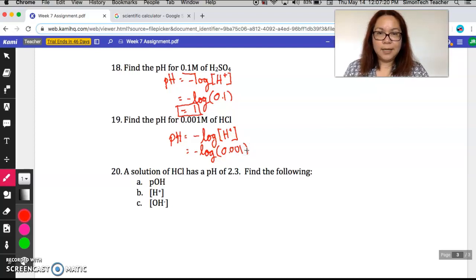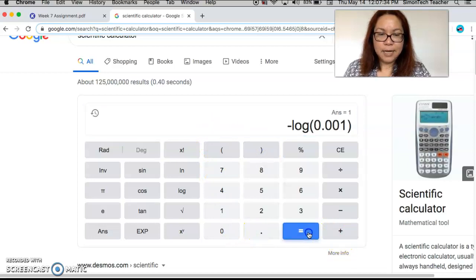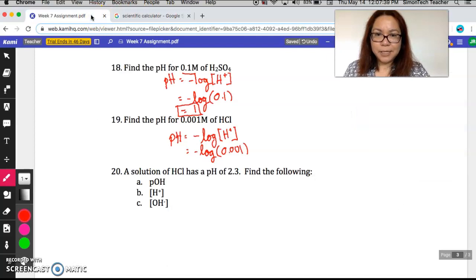Okay, and let's enter that into our scientific calculator. Let's clear that. Negative, press the log, 0.001, and your pH will be 3. That is your answer for number 19.